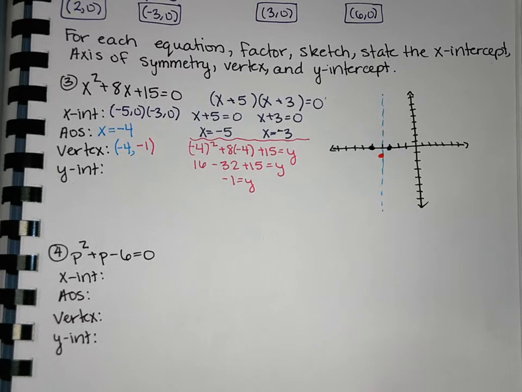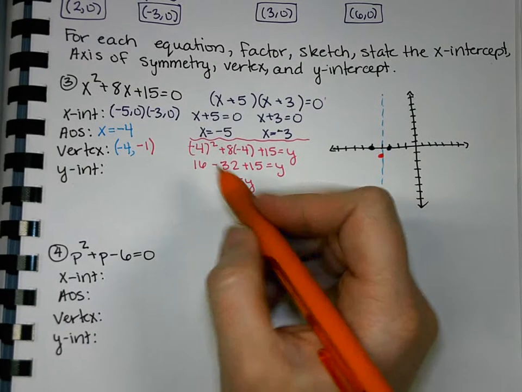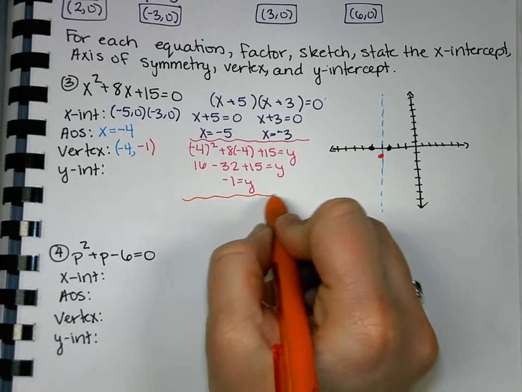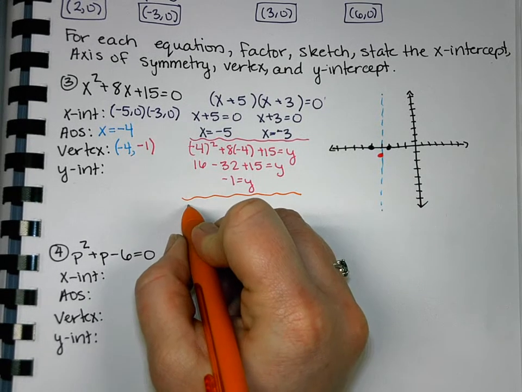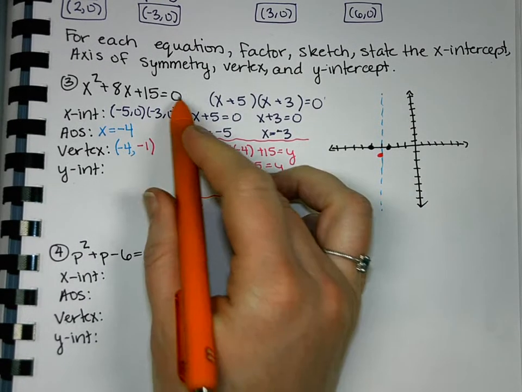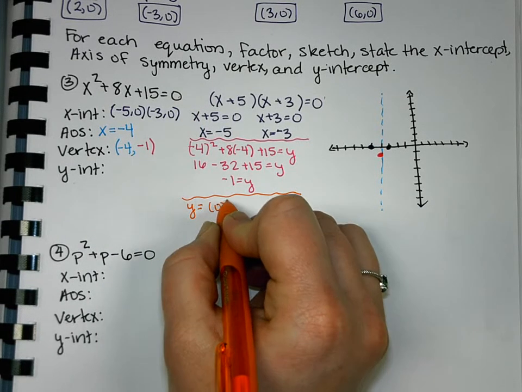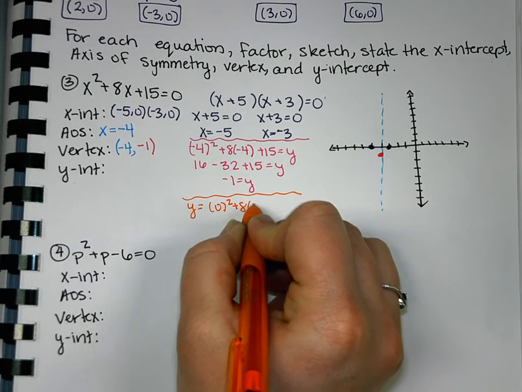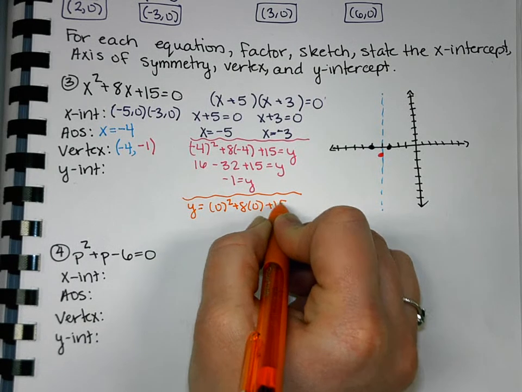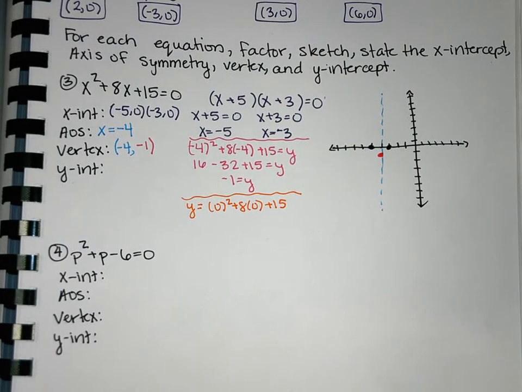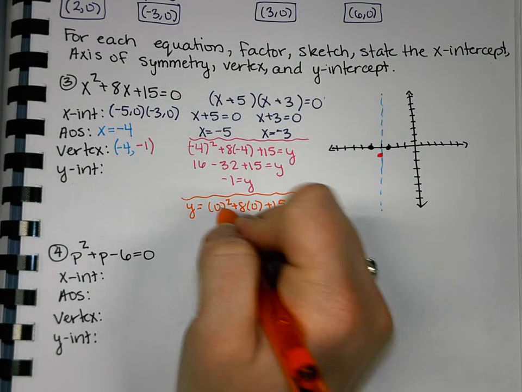Now the last thing it wants us to find is the y-intercept. So how could we find the y-intercept? Just plug in 0 for x. So again, instead of 0, I'm going to put y, and then I'll plug 0 in for x. And what do we get for the y-intercept? 15.